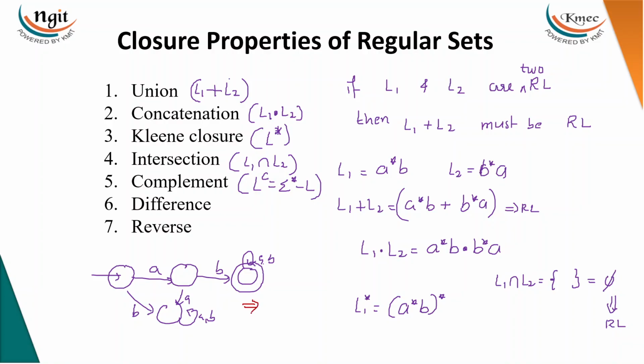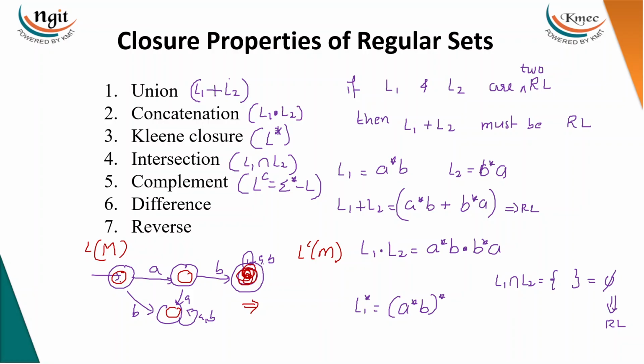How to get the complement of it? Strings that do not start with ab. That's the meaning of it, right? So to get the complement of this machine, simply interchange the final and non-final states. Here it is final, make it non-final, and make everything else final.